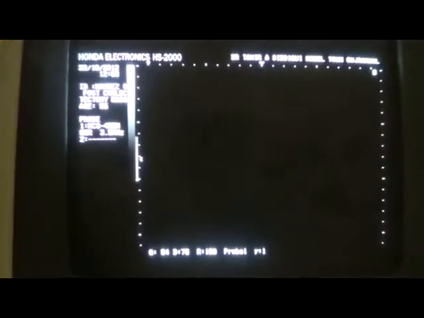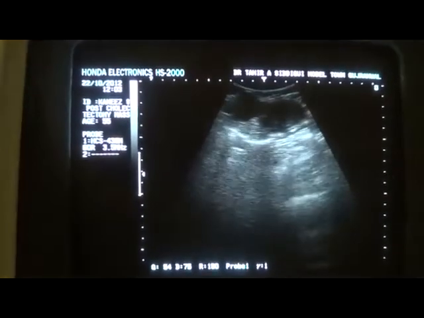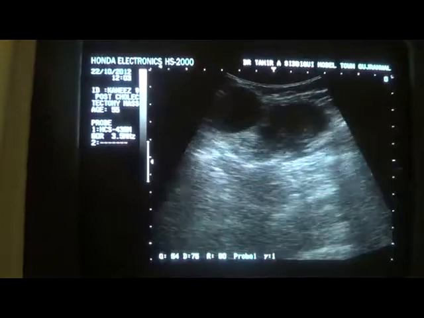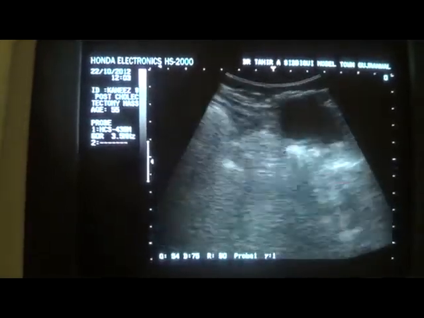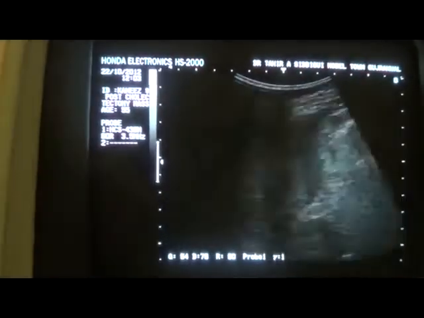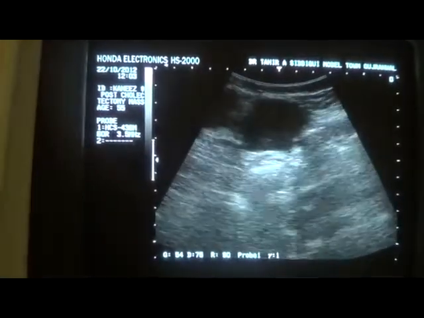See that these are the subcutaneous collections.